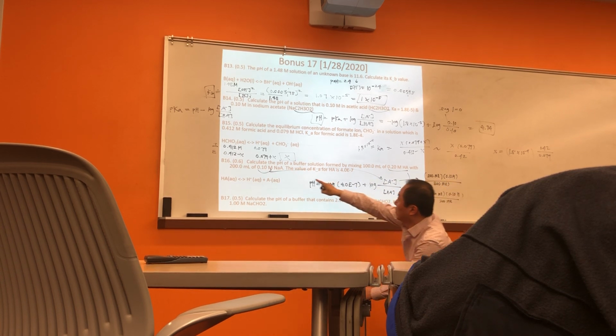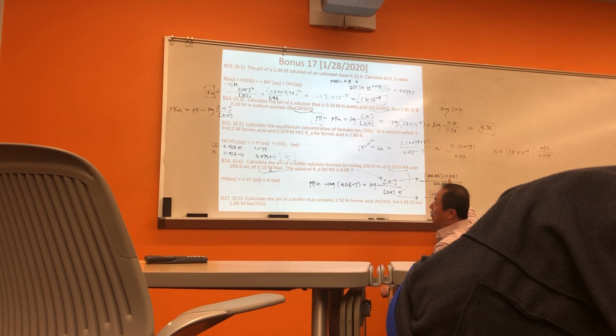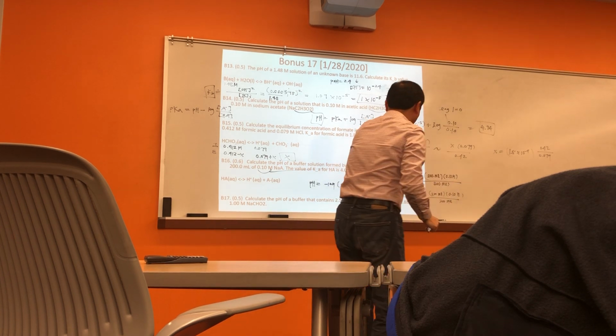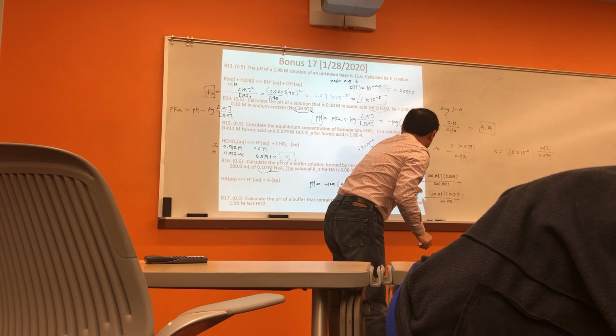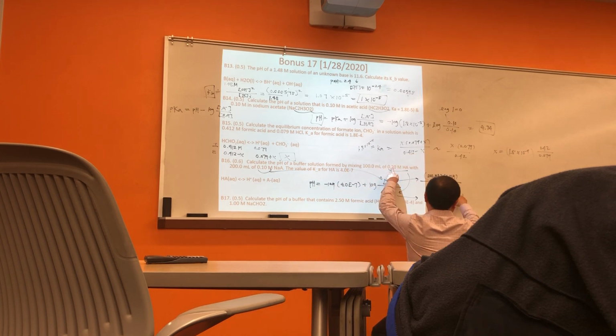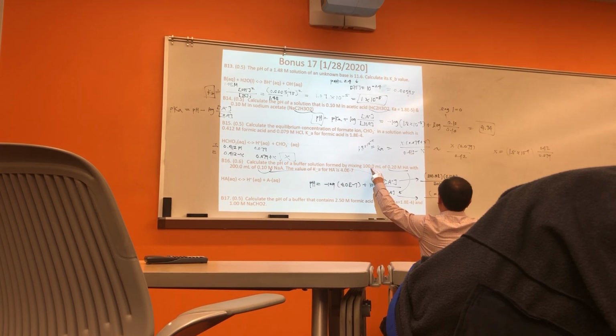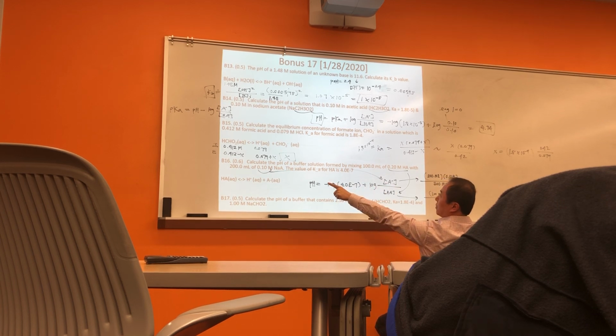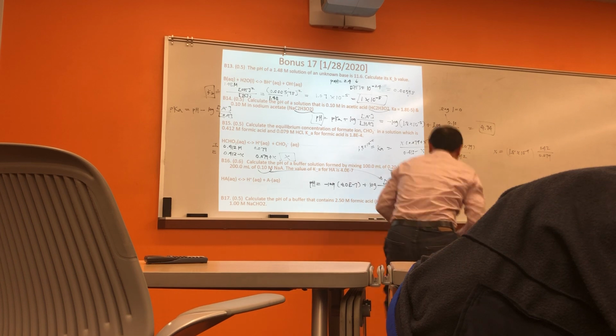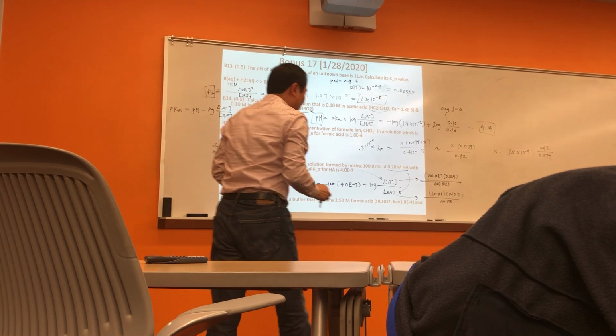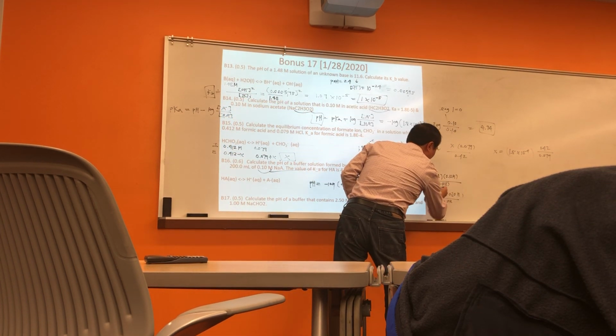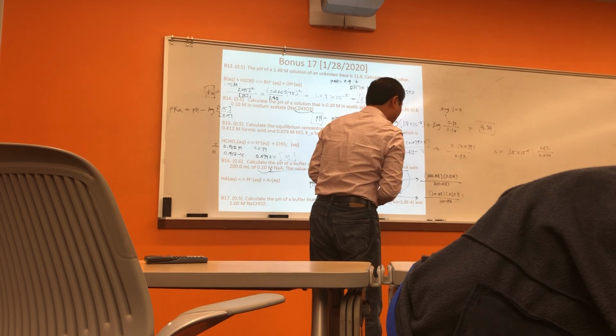For the base it is 0.10. It's the same? Wait, what did I do? I think I did it right. Okay. So the acid is 200 and 100. Seems like it's right. The base is 200. Okay, right. But then the 300 is a common factor, so you can just cancel it.